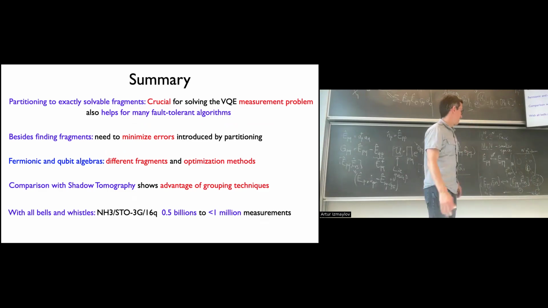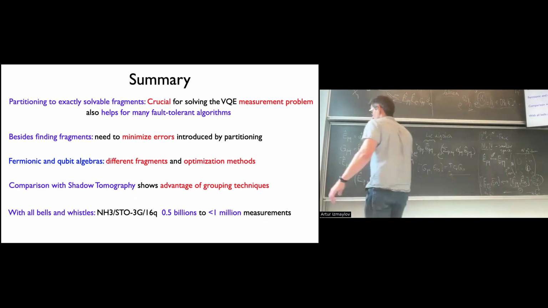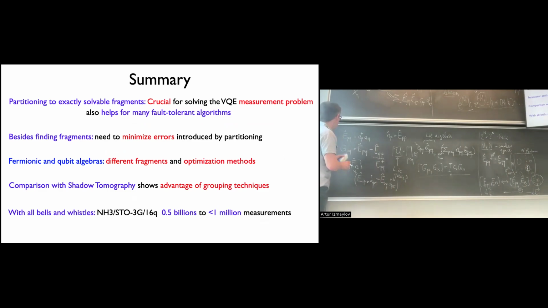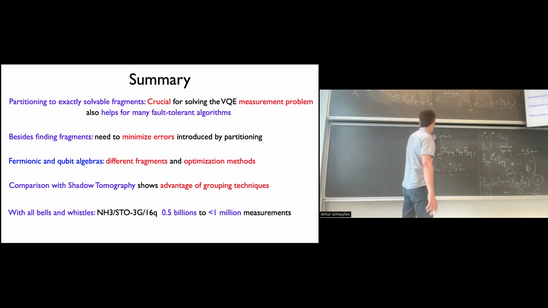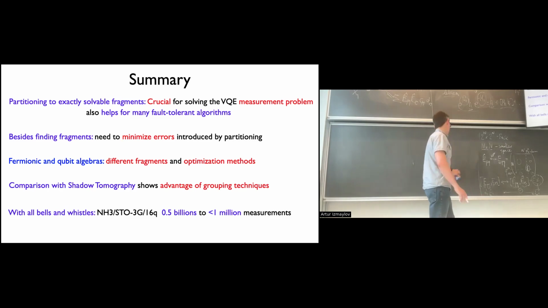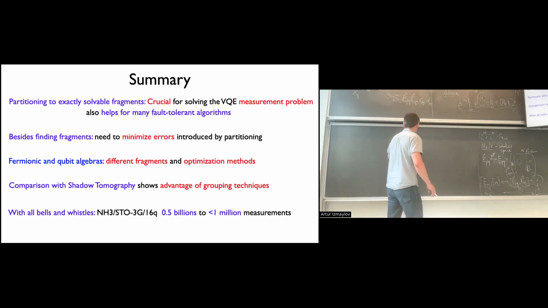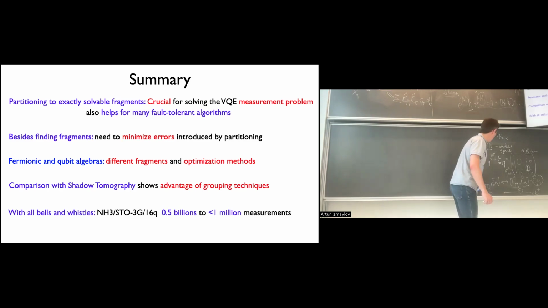If you want to minimize the number of measurements, you not only need to think about the groups that one can do, but also the variances that one gets, and there are interesting optimization techniques for fermionic or qubit transformations.